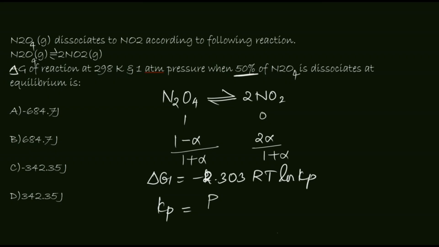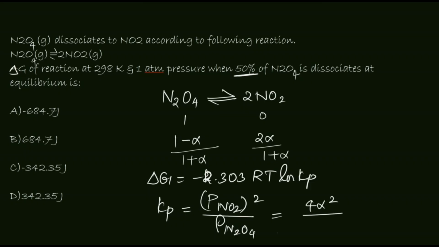So now find out the Kp. Just substitute the pressure of NO2 and the pressure of N2O4. So substitute the values.